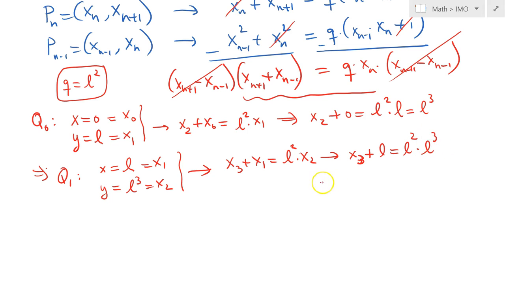Therefore x sub 3 is equal to L to the 5th power minus L, or you can write it as L times L to the 4 minus 1.